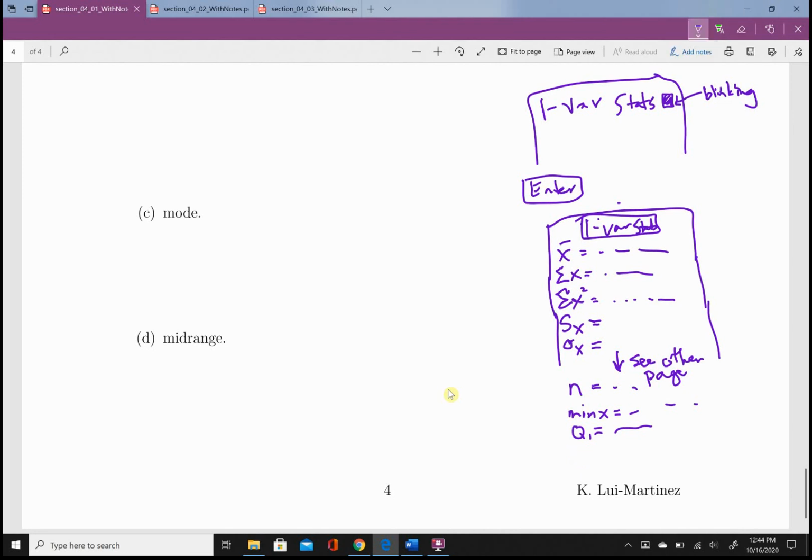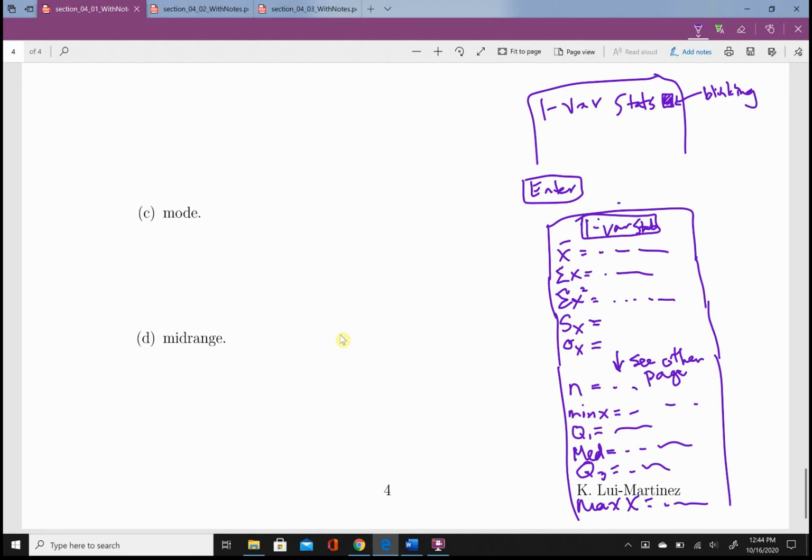You're like, I don't know what you're talking about. Don't worry, this is a topic for another time. Median is next, and then Q3, and then the very last thing that they'll give you is the max x. Okay, so those are all of the values. You've got to scroll down to see them all from the one variable statistics.